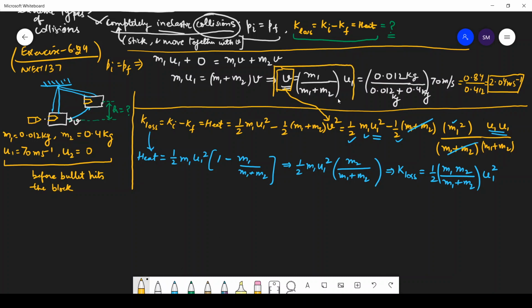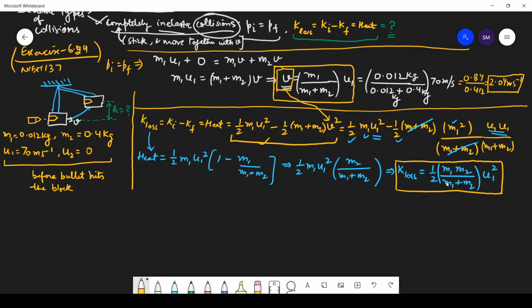The value of V, the velocity with which both the objects are moving together after they stick, and this is the kinetic energy loss. Okay, so you have two ways to find the kinetic energy loss. First way is, you know the value of V, so put the value of V here, you know m1 m2 and you know u1, so find the value from here.